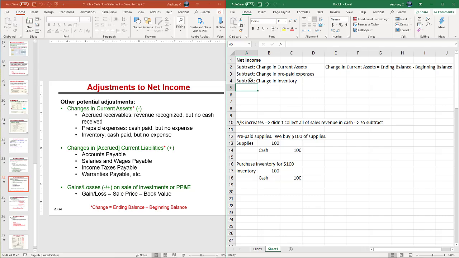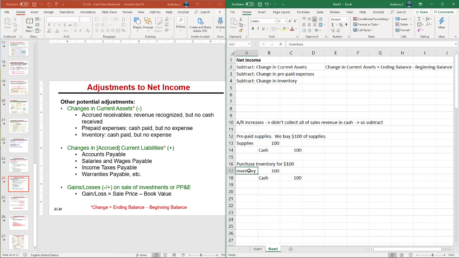Now, a possible question you might have is, well, what if we paid for the supplies or inventory on account? So if we didn't pay for these current assets in cash, pretty much we'll adjust for this when we adjust for the payables.